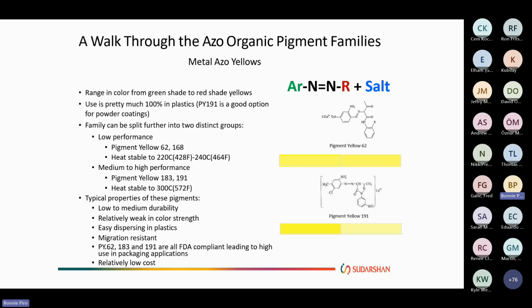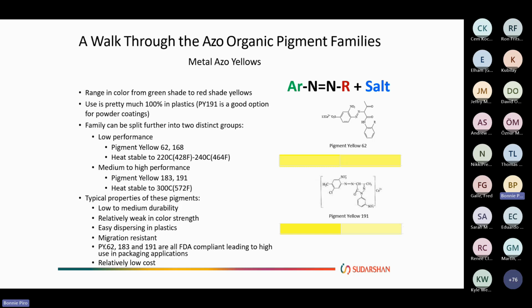These two pigments in the chemistries in this category also offer both a lower performance with the yellow 62, primarily because the heat stability is lower, whereas you have the Pigment Yellow 191 being that higher performance based off of the heat stability.